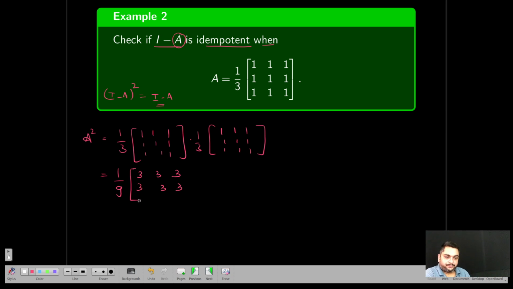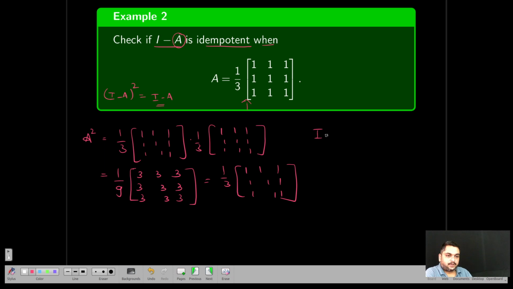This is my A square. This is nothing but what? You can write it as 1 by 3 into the matrix of 1s. Therefore, yes, A is idempotent.